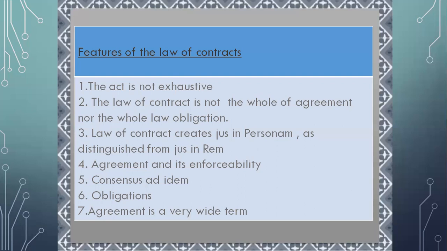A social agreement does not give rise to a contractual obligation and it is not enforceable by a court of law. It is only those agreements which are enforceable in a court of law which are contracts. So there can be many agreements, but a contract arises only when it is legally binding, right? So we can conclude that contract equals agreement plus enforceability by law.